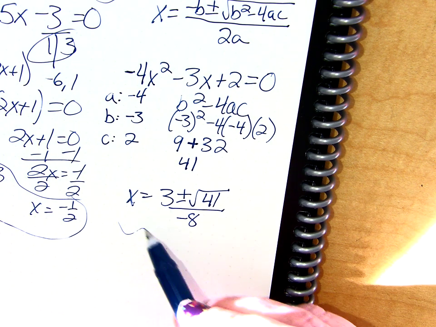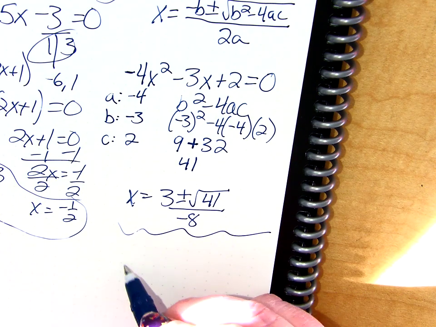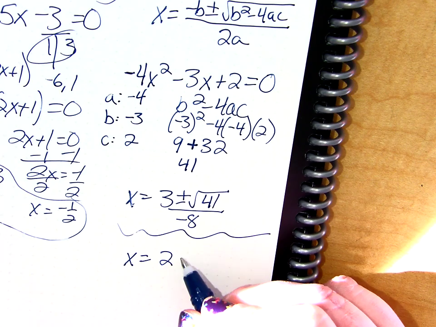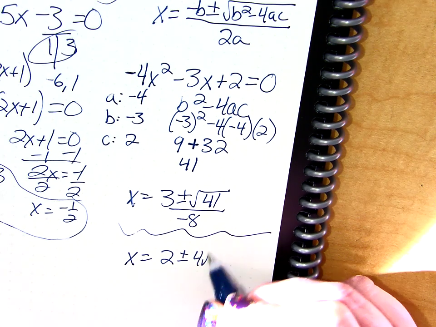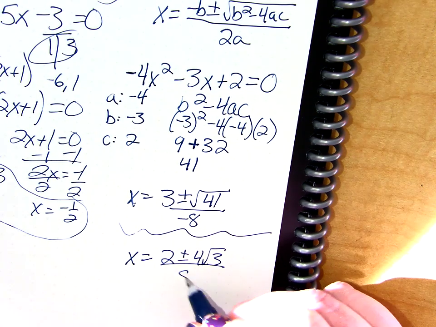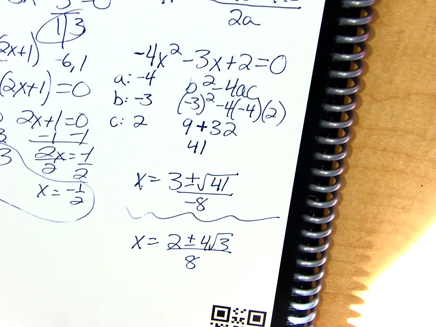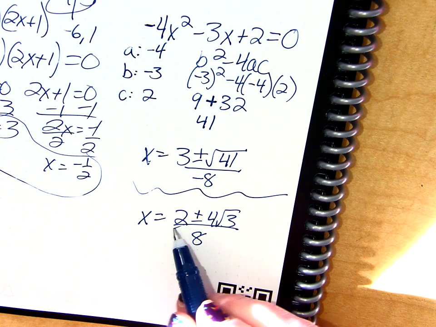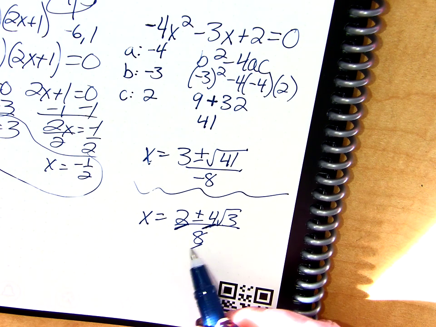Tell me if this is a final answer or not. If you had gotten x equals 2 plus or minus 4 root 3 over 8. Is that a correct final answer? What can you do to this? Yes, it has to be all three of the numbers.